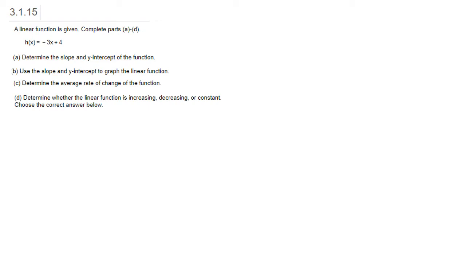We're asked first to determine the slope and y-intercept of the function. So anytime we have a function of the form f of x, and in this case it's h of x, but our generic notation for functions is f of x, and that's what I'm going to refer to for a moment. If we have mx plus b, things to point out here: the only variable to be plugged into the function is x, which means m and b should be fixed numbers.